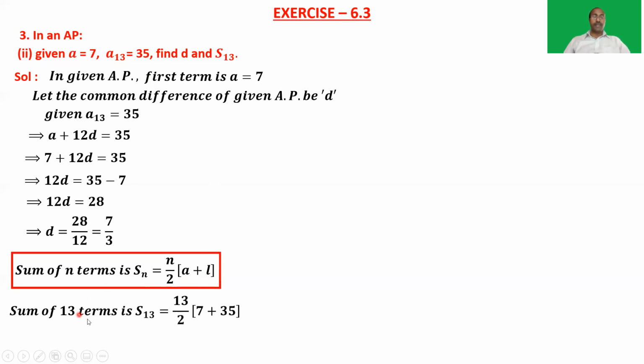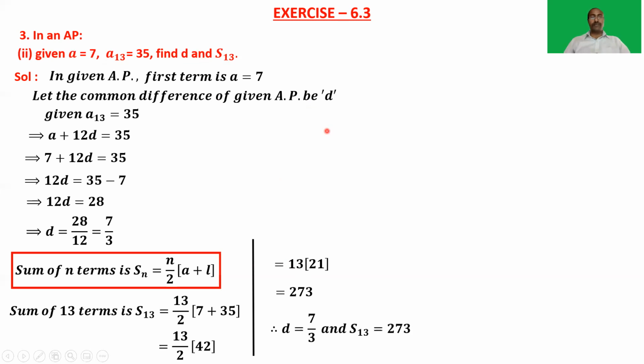So the sum of 13 terms is 13 by 2 into 7 plus 35, which is 42. By simplifying this, we get 273. So the sum of 13 terms is 273. Now the required values are D is equal to 7 by 3, S13 is equal to 273.